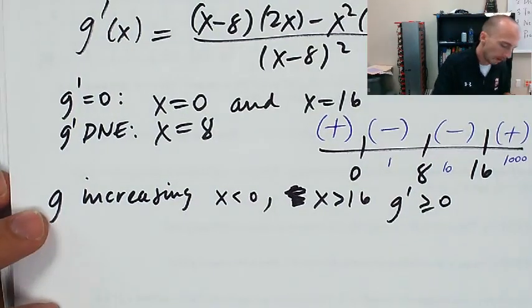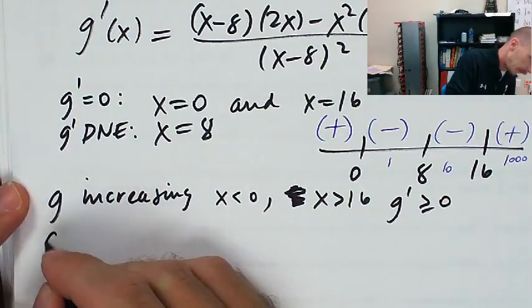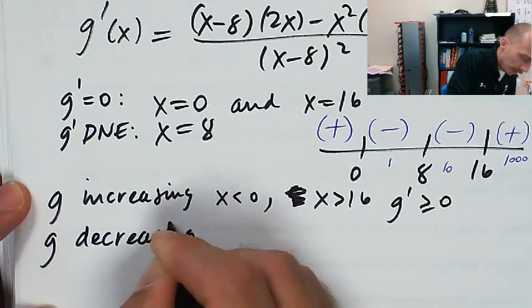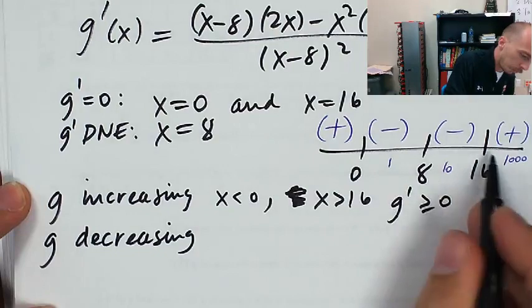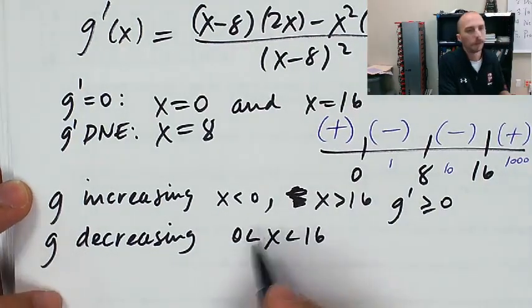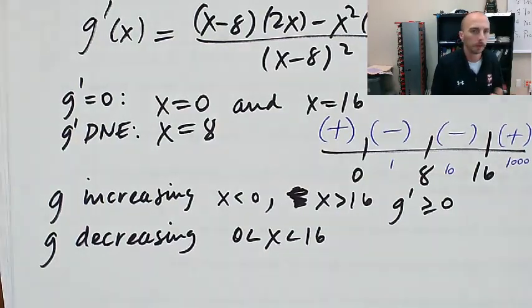We don't have to worry about that. g is going to be decreasing between 0 and 16. And you can make those less than or equal to if you want. It just depends on your definition of increasing and decreasing. Okay, so that's the first page.